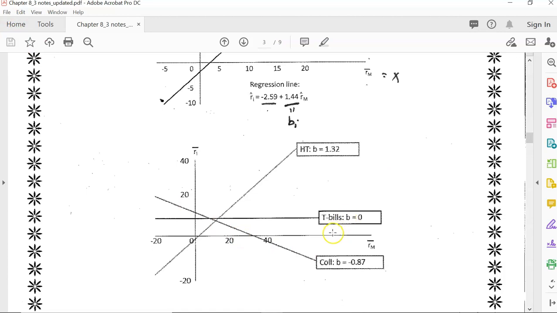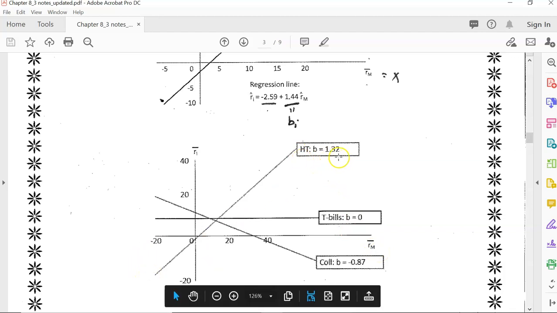Okay, so here we can see that for treasury bills, beta is 0, because the stock return Ri is always constant. It doesn't change when Rm changes. For the high-tech industry, beta is 1.32. It is positive, and the line is upward sloping because high-tech is cyclical.